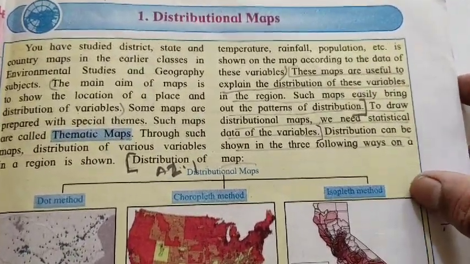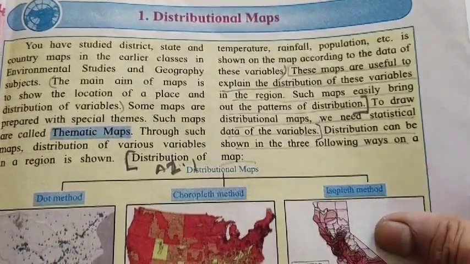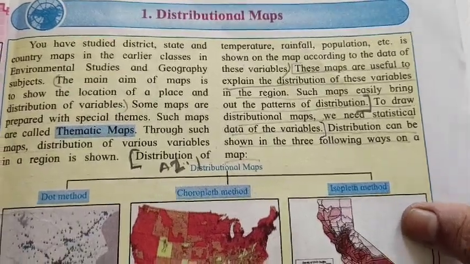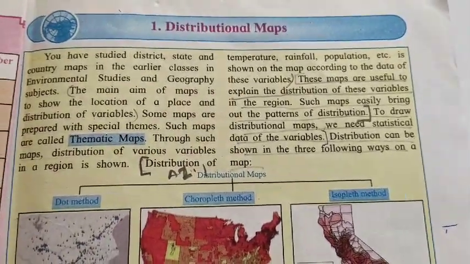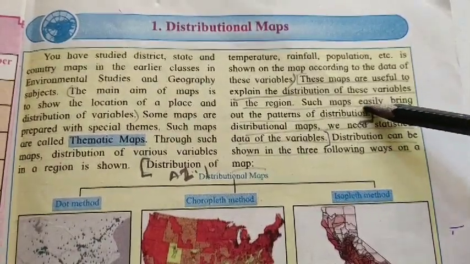These maps are useful to explain the distribution of these variables in the region. Such maps easily bring out the patterns of distribution.